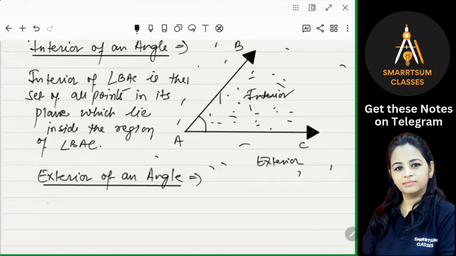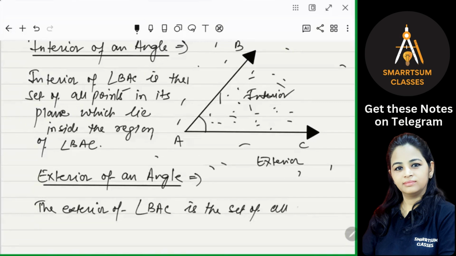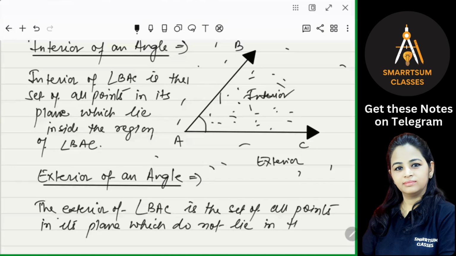So write down: the exterior of angle BAC is a set of all points in its plane which do not lie in the interior part.